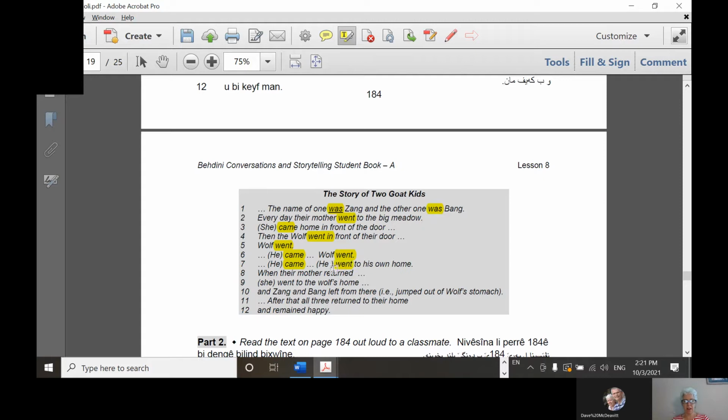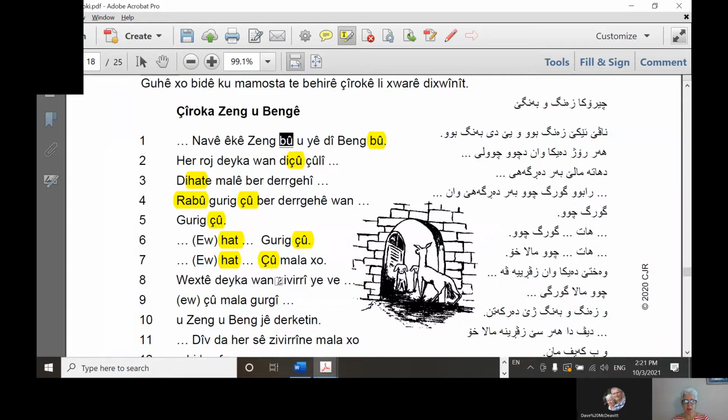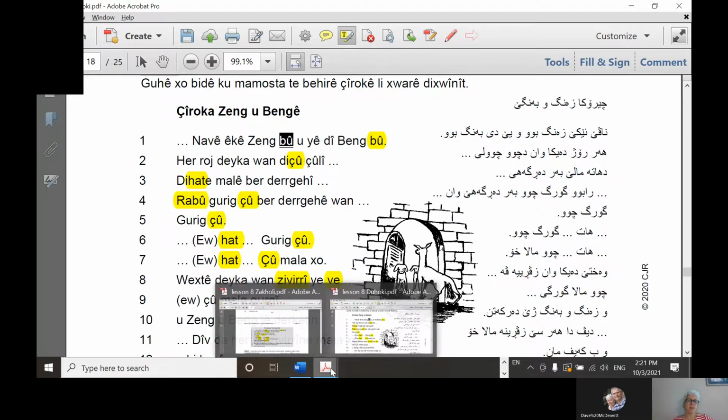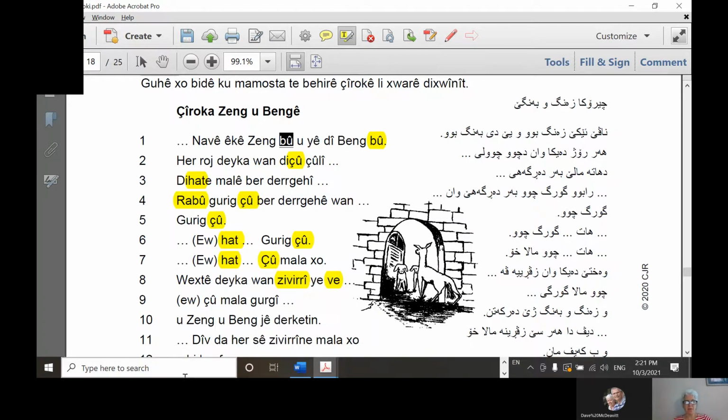And then in line 8, when their mother returned is the next intransitive verb. Okay, zivri va. And you're saying, what is the ya that's there? Well, it's actually a part of the verb. It's past perfect tense. So the whole verb is zivri va.